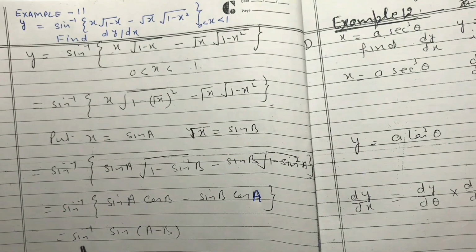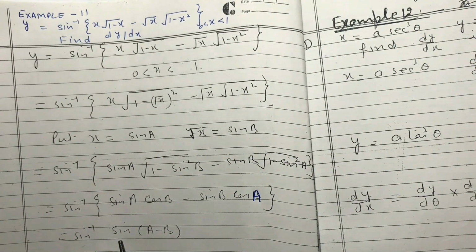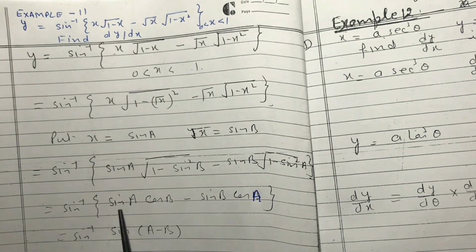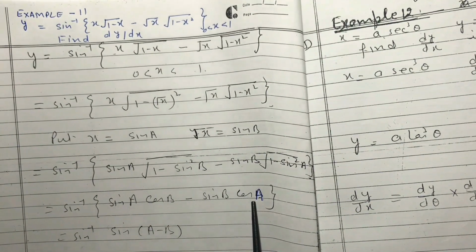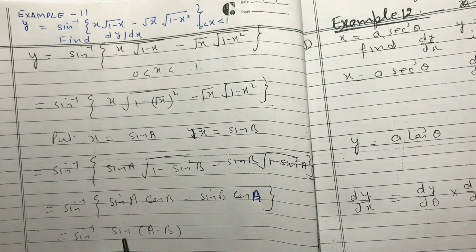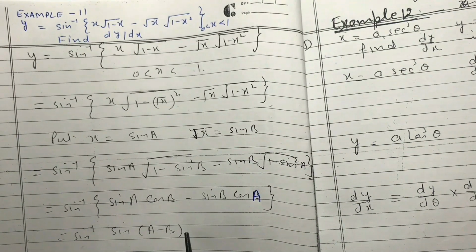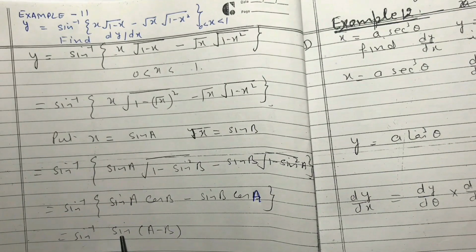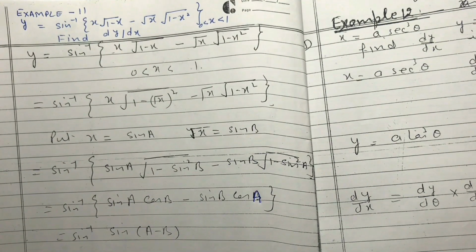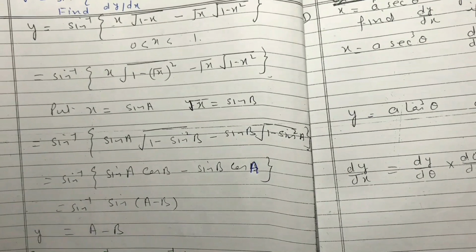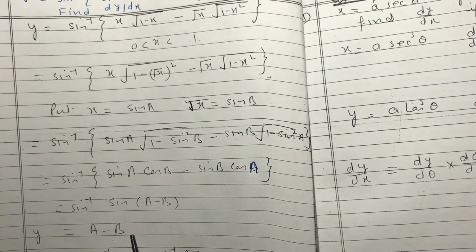Now this is equal to sin inverse of sin a cos b minus sin b cos a. This is equal to sin of a minus b. This is the formula for sin a minus b. Now sin inverse sin is cancelled. So I have y is equal to a minus b.